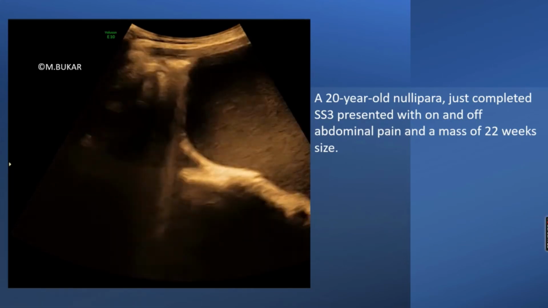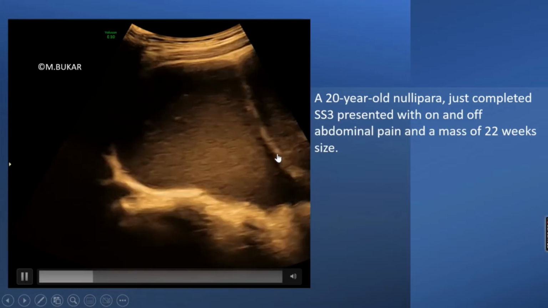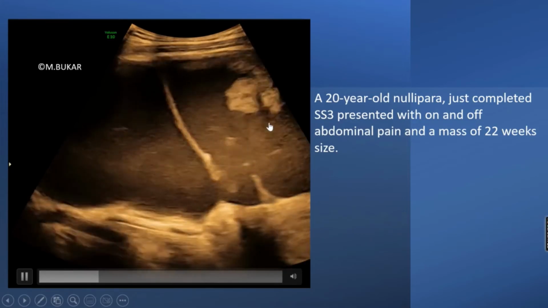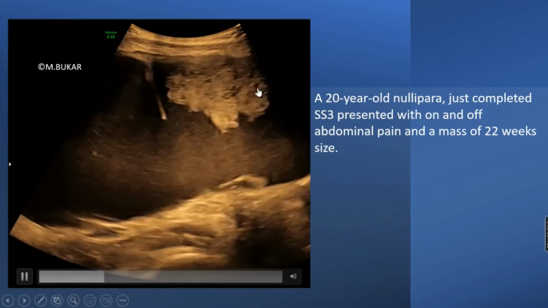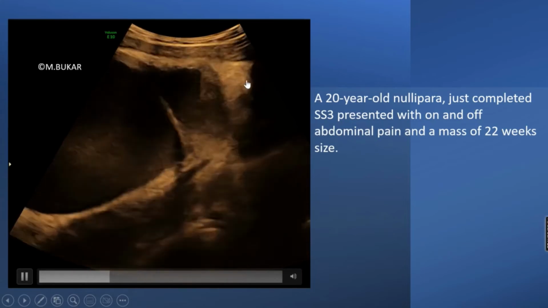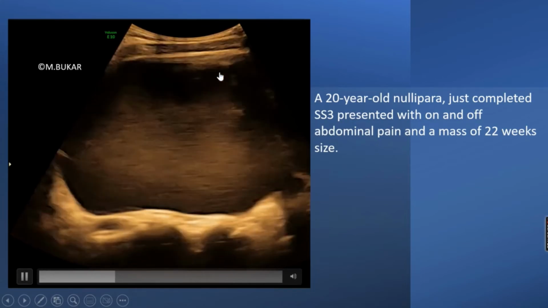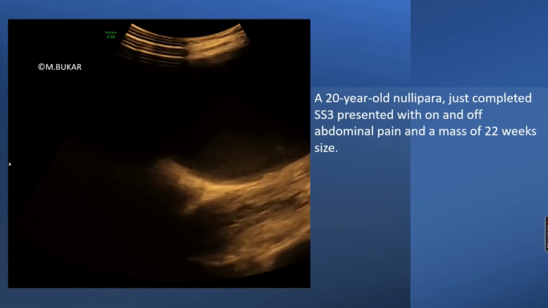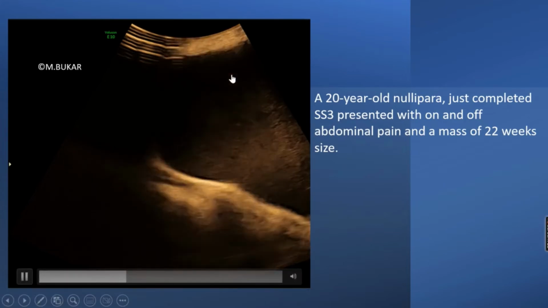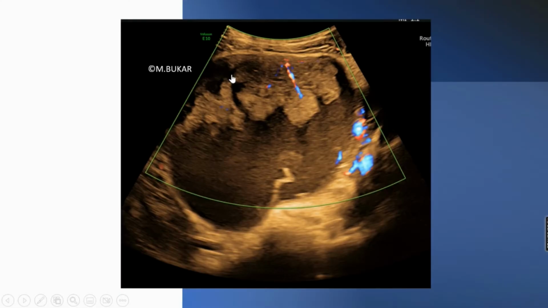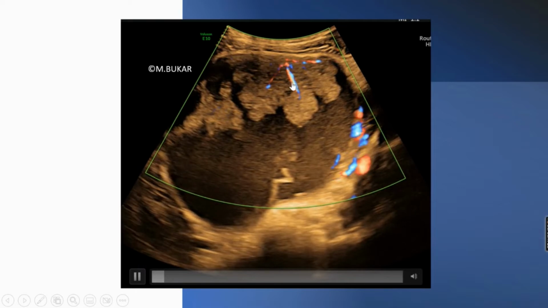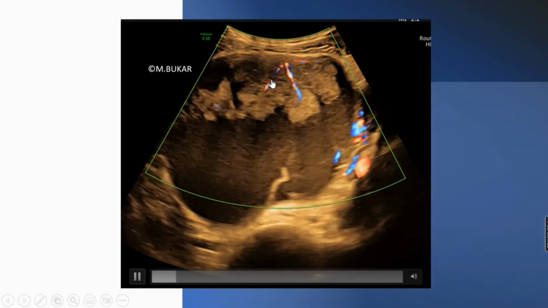But our interest for this presentation is the papillary projection. So this is a papillary projection, which has taken up color.